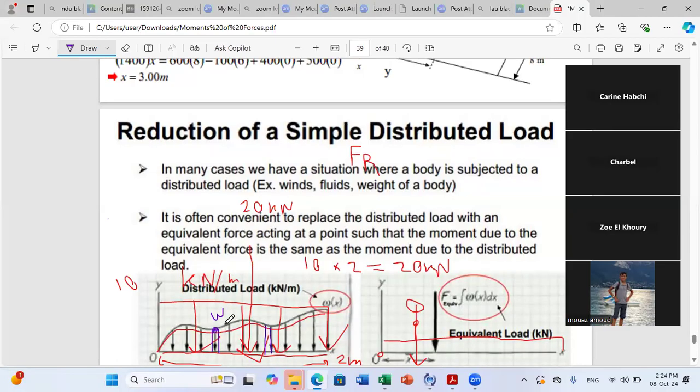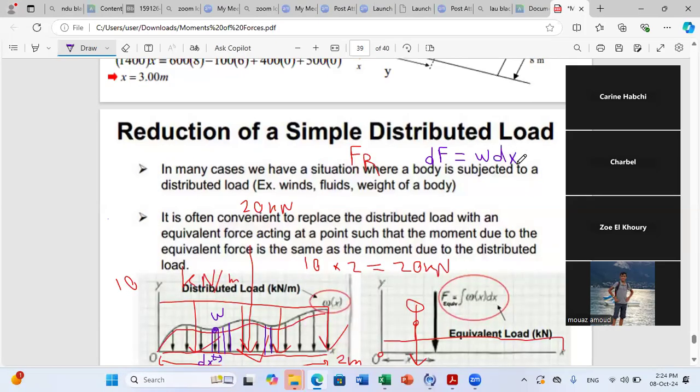And so I just have small rectangles, and to get the total force, I need to add all of these small forces. So each small force will act on a very small element. I will call this, the thickness here, dx. So if this is dx, okay, a small force dF acting on the beam will be equal to omega times dx.